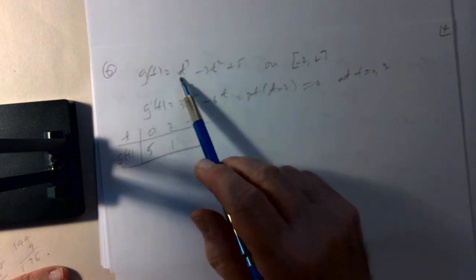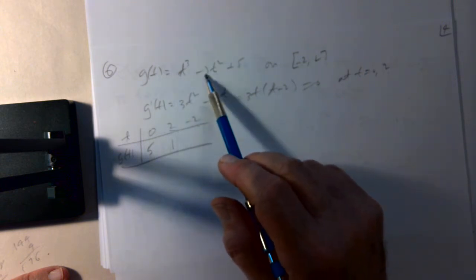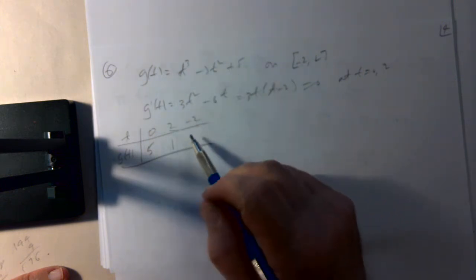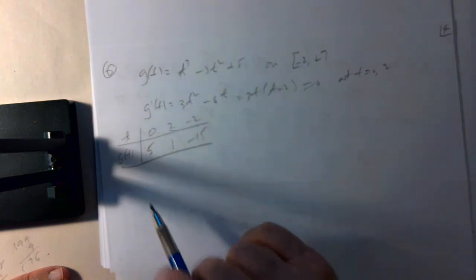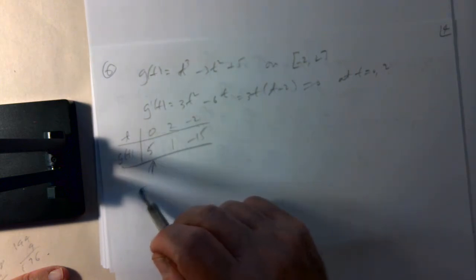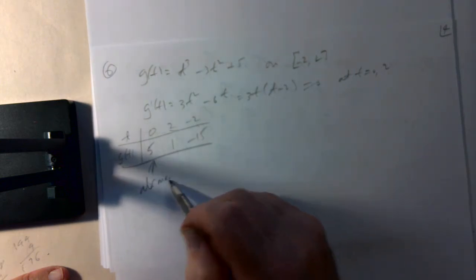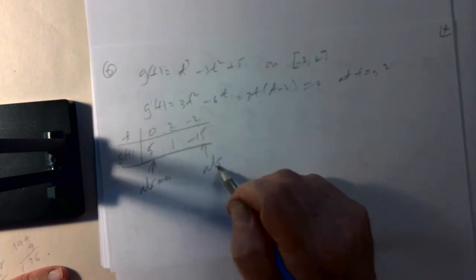When t is negative 2, this is minus 8 minus 12 plus 5, which is minus 15. So 5 is the absolute max, and minus 15 is the absolute minimum of this function on the interval.